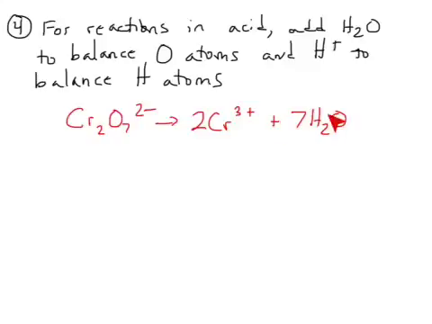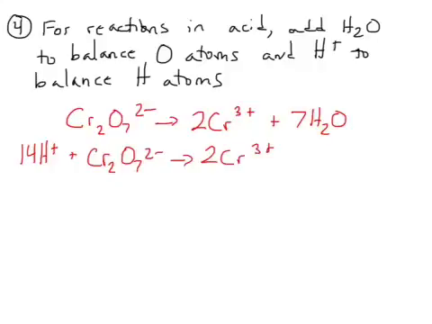Now we have hydrogens that came out of nowhere. We have no hydrogens here, but now all of a sudden we have 14 hydrogens on this side. So in order to correct that, I need to, as the direction says, add H+ to balance out H atoms. So I'm going to add 14 H+ to the left side. And that gets added to our dichromate. And that gets us our 2 Cr3+ and 7 waters.